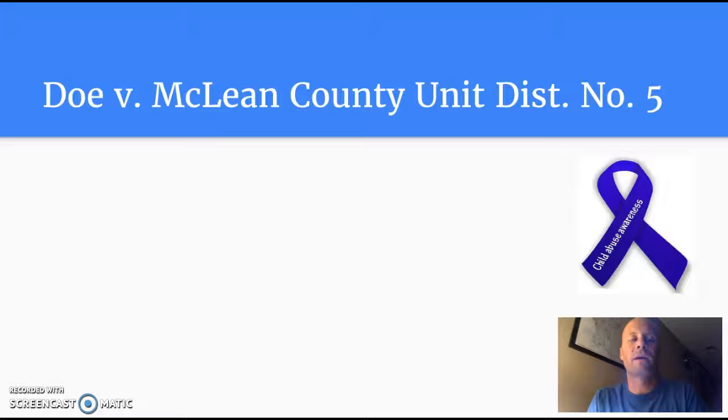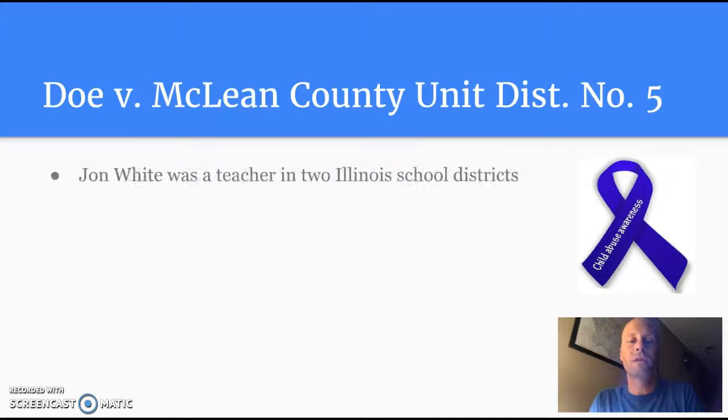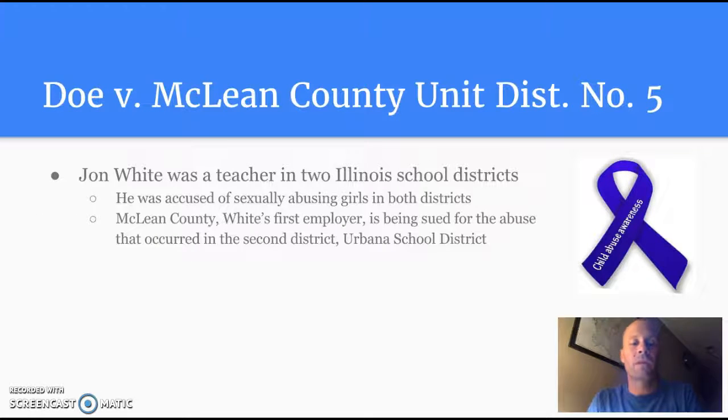So the first case that I chose to discuss was Doe versus McLean County Unit District number 5. John White was a teacher who taught in 2 different Illinois school districts, and he was accused of sexually abusing girls in both districts. McLean County was the first district that White taught in, and he left there and was actually recommended by McLean County for a job in the Urbana School District.